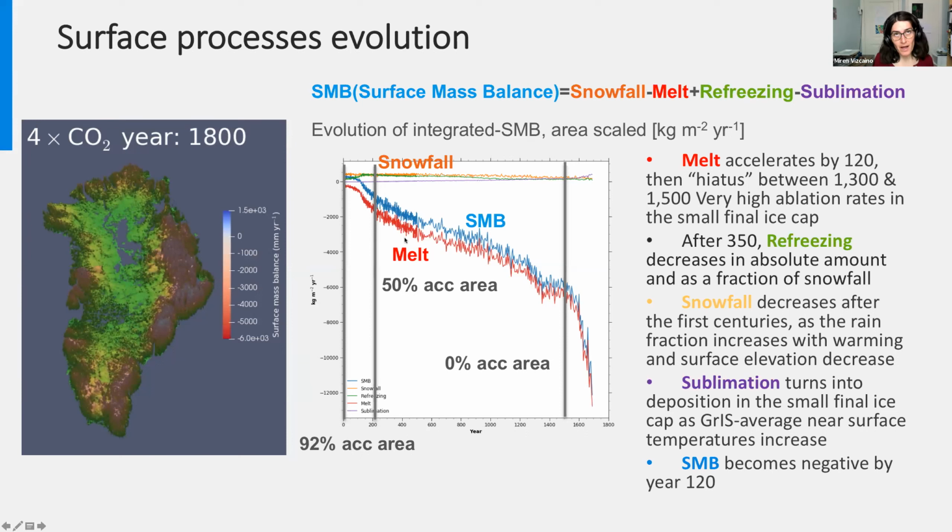Because the area is going down, we divide here by area, and we get kilograms, so an average melt rate, and this is how it is evolving. You see a pause here in the melt increase. So the melt is increasing all through the simulation, except here.